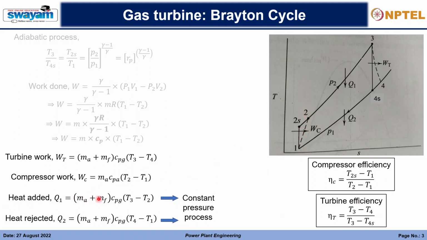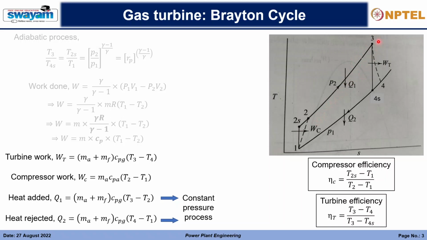Then the heat added: since we are heating both the mass of air and the mass of fuel, we consider the masses together, and it will be (Ma plus Mf) into Cpg into (T3 minus T2). This is a constant pressure process, because it is happening along these constant pressure lines.